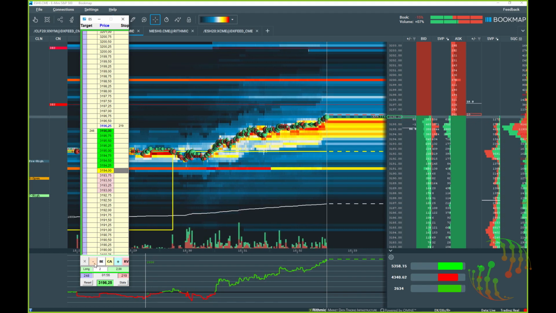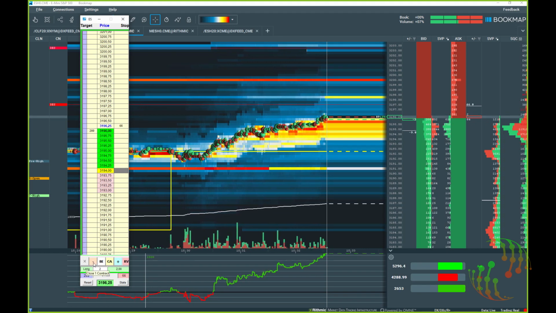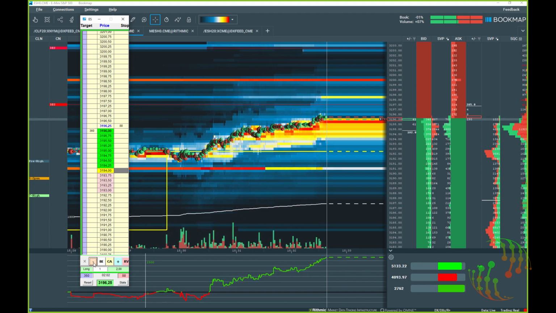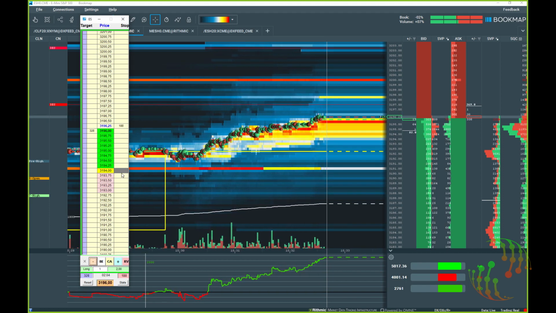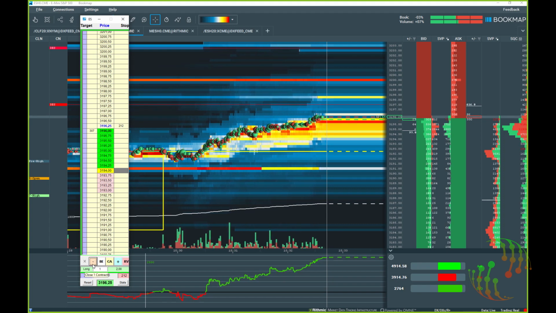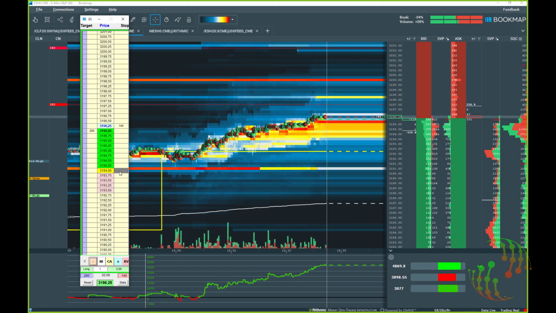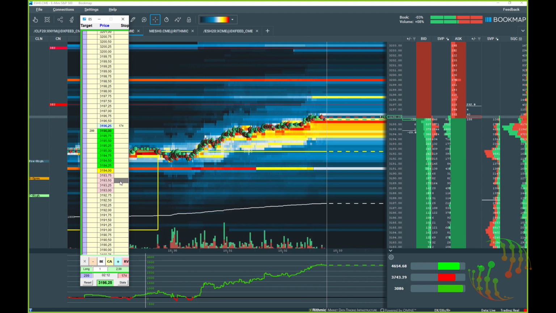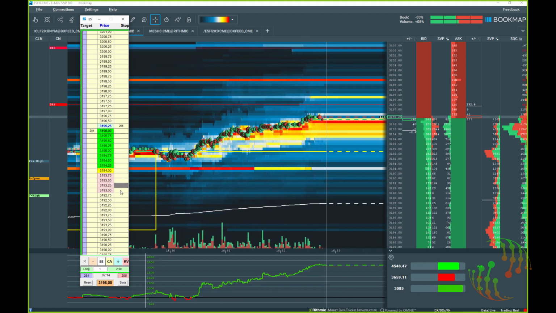What I'm doing now, I'm taking one contract off. I took one contract off of my trade here, and that means I have one runner. If I got hit here, stopped out, then I'm still in profit.